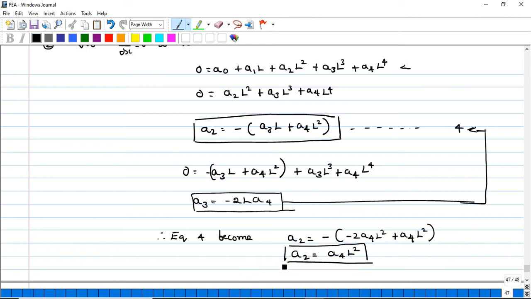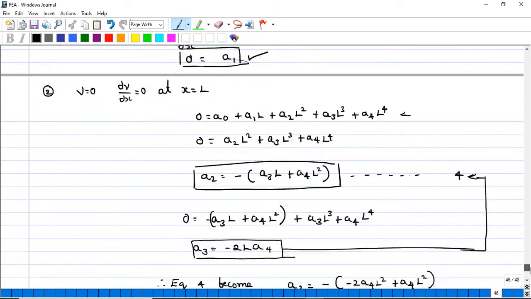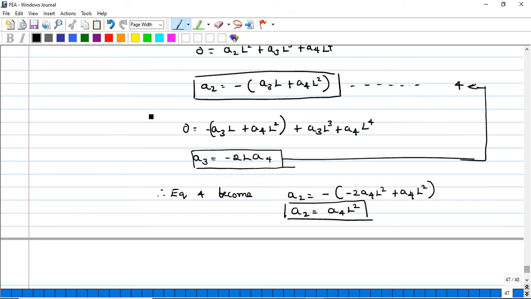Now we shall substitute, I will write down here on the left side. So we have found a0, a1, a2, a3. a0 is 0. Let me take the next fresh page.